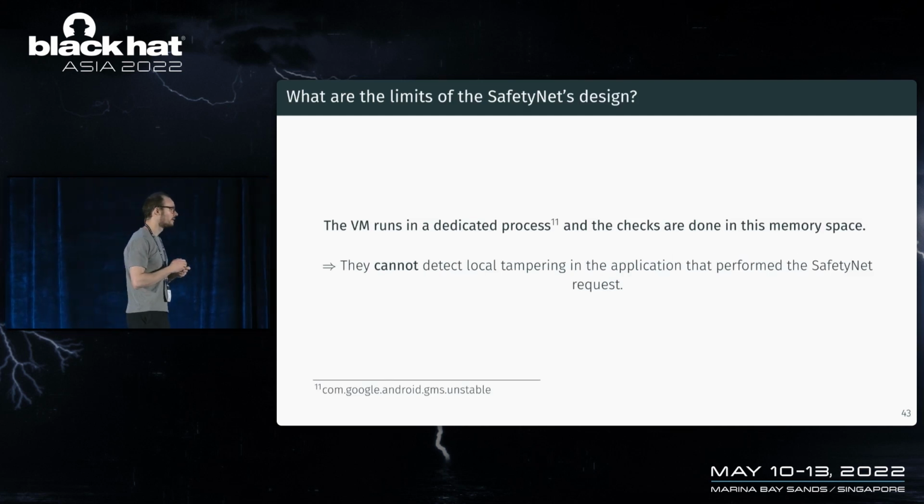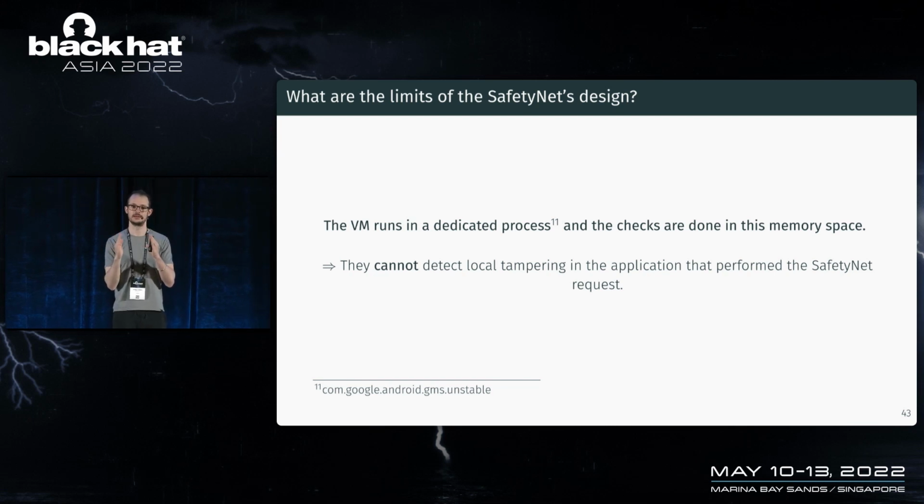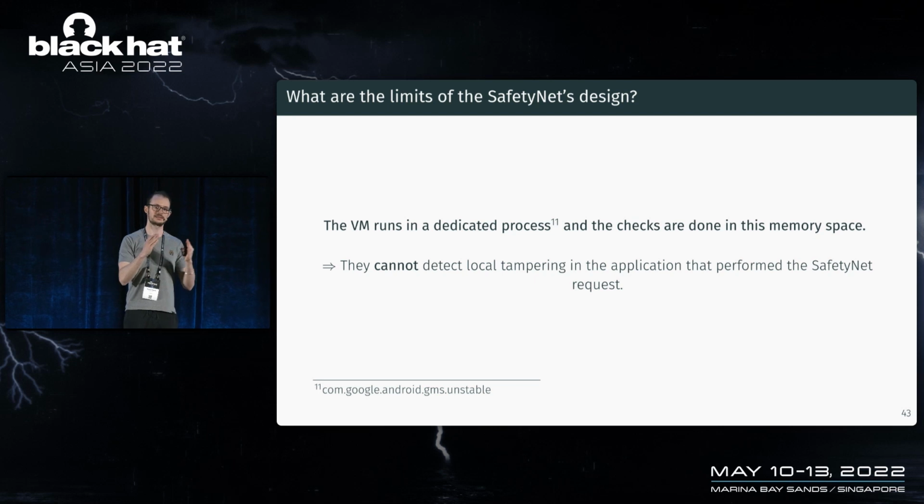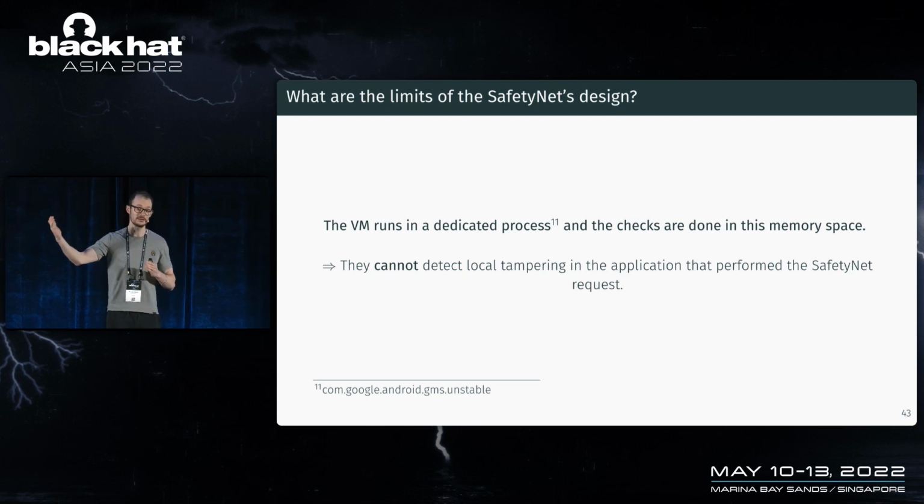First off, DroidGuard runs in a dedicated process that is different from the application that asks for the request. Which means that when they say that they are able to detect API hooking, that's true, but that's only true in the process of DroidGuard. They are not able to detect, for instance, if an attacker is running Frida in the app developer's process.